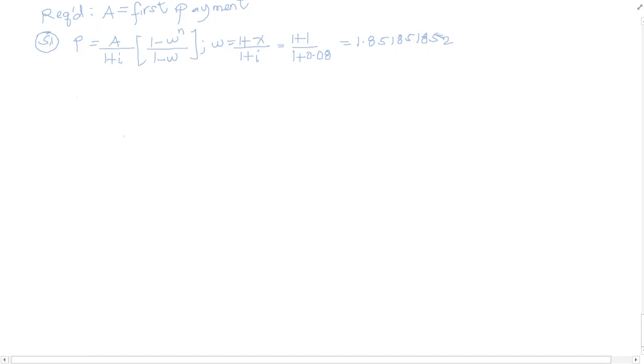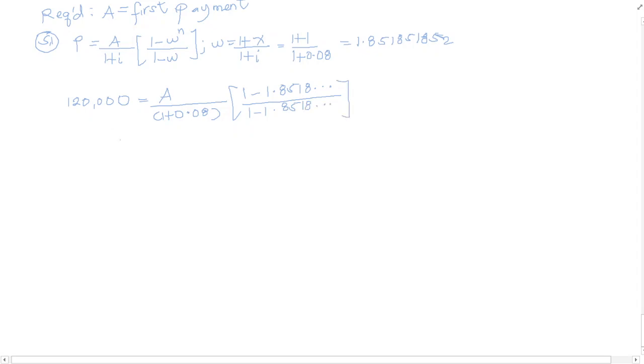Okay, rewriting that one, your P there is 120,000, which is equal to the first payment, the requirement, multiplied by 1 divided by 1 plus 0.08, multiplied by 1 minus 1.8518 and so on raised to 5, divided by 1 minus 1.8518 and so on.